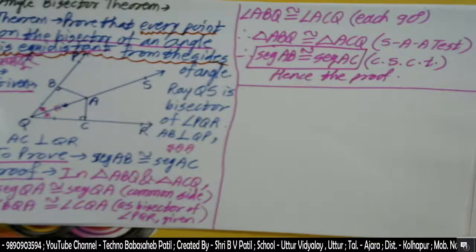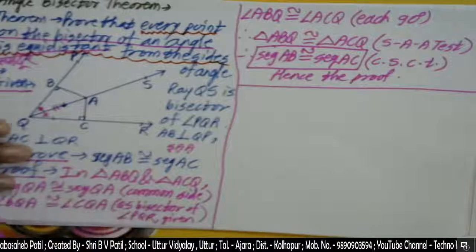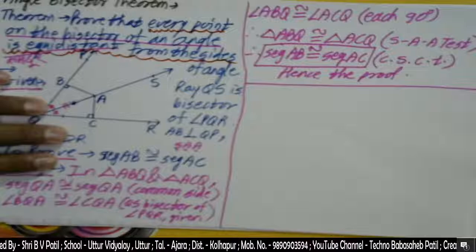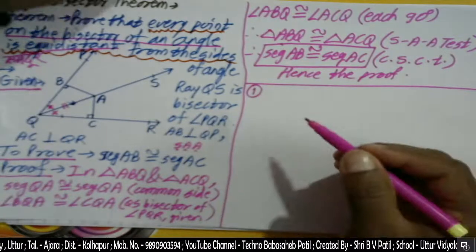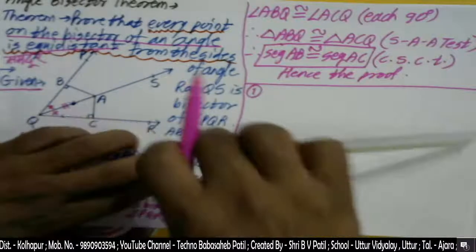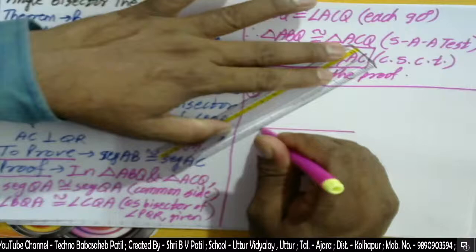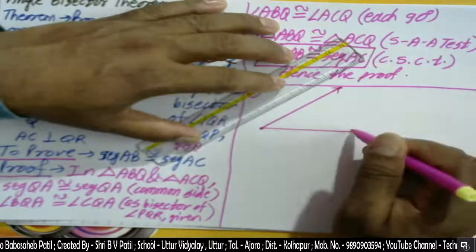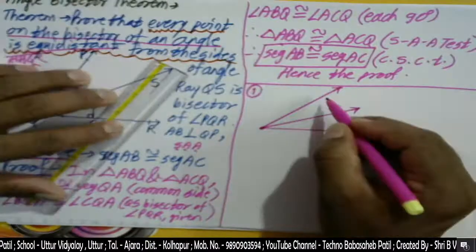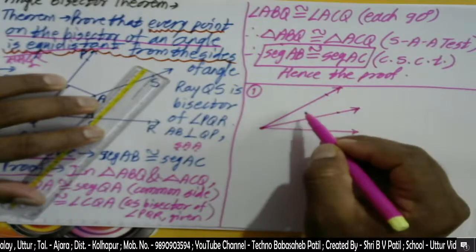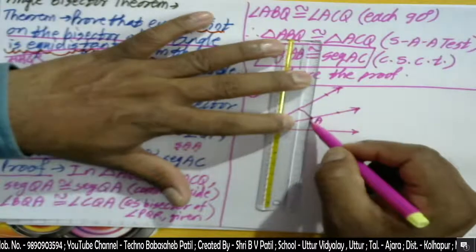Then one example. Angle is given here, A is the point, and here perpendicular is given.